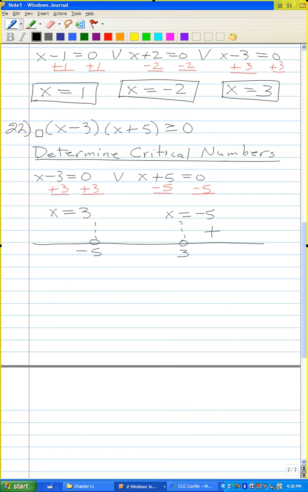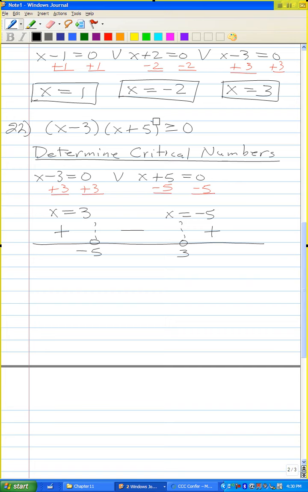Negative times positive is negative. Take a number less than -5, let's say -6. And so x minus 3 is less than 0. X plus 5 is less than 0. Negative times negative is positive.